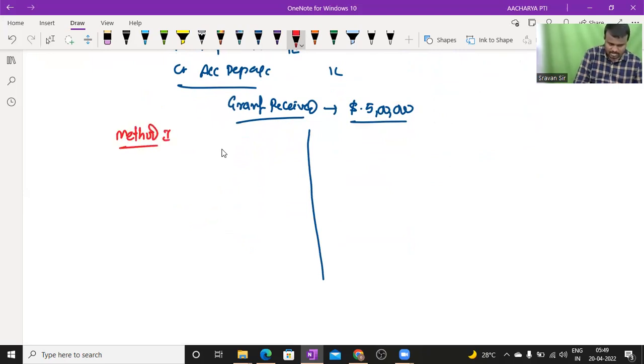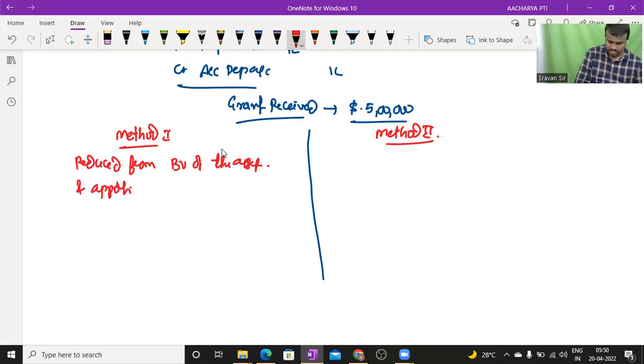In case of method one, that grant received is reduced from the book value of the asset, and we apportion the remaining over the remaining useful life.